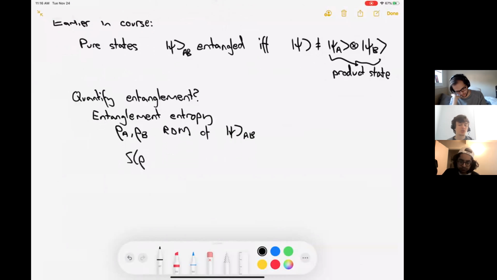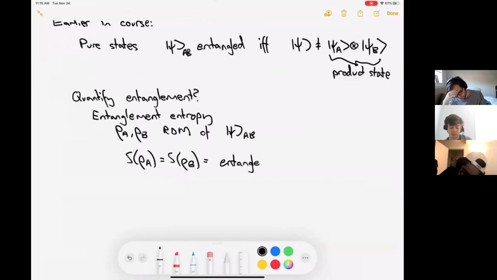Those reduced density matrices are noisy for entangled states, so they have an entropy, and they have in fact the same entropy, which we call the entanglement entropy.